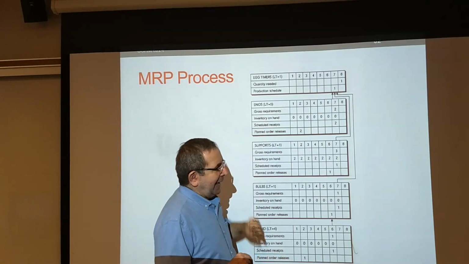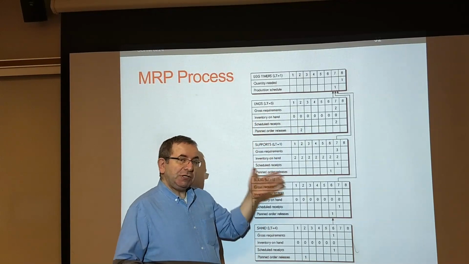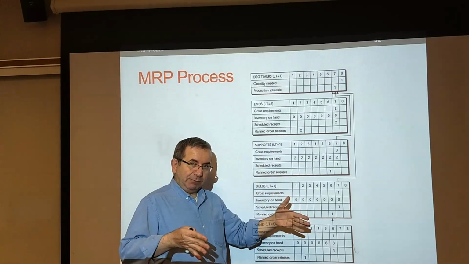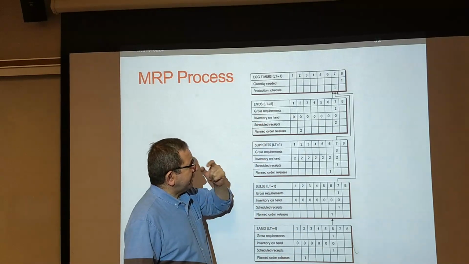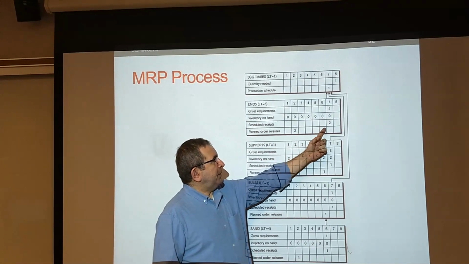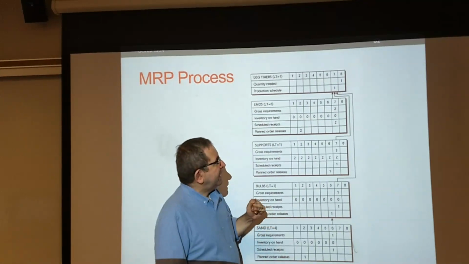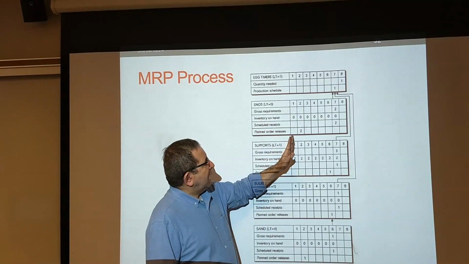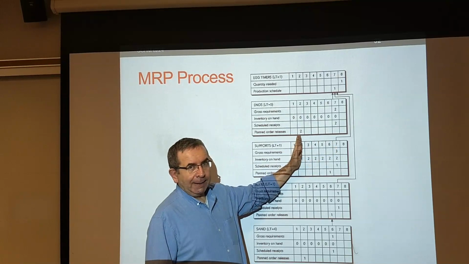However, there's a lead time. Lead time is 5, so the duration between placing and receiving an order is 5 periods. So from period 7, I go back 5 periods. Okay? So what this tells me is that I need to place an order 5 periods ahead of time.